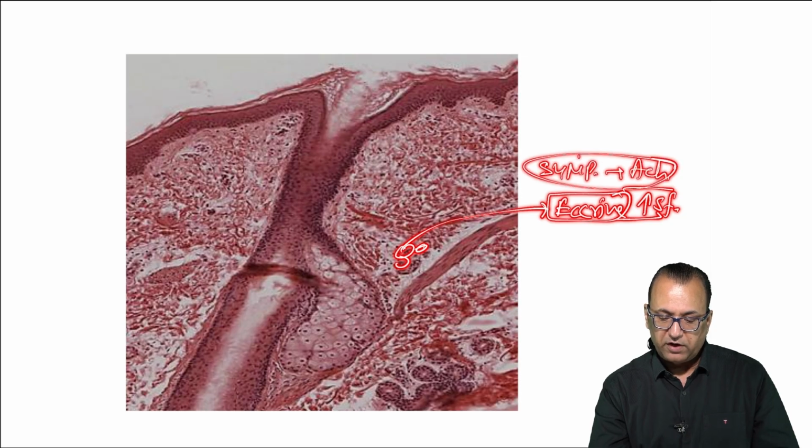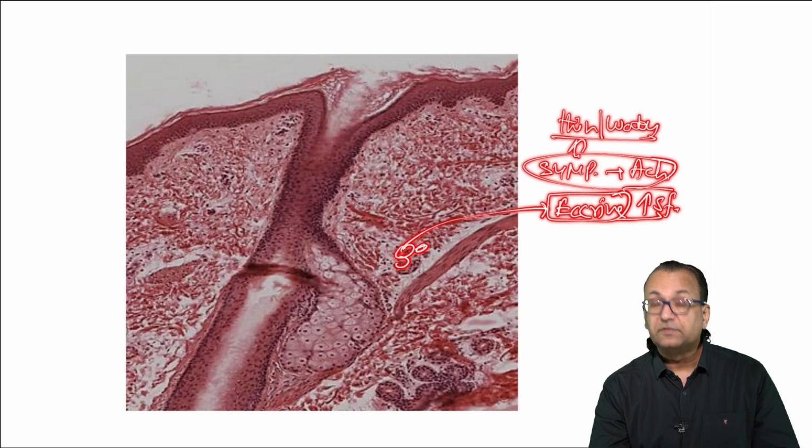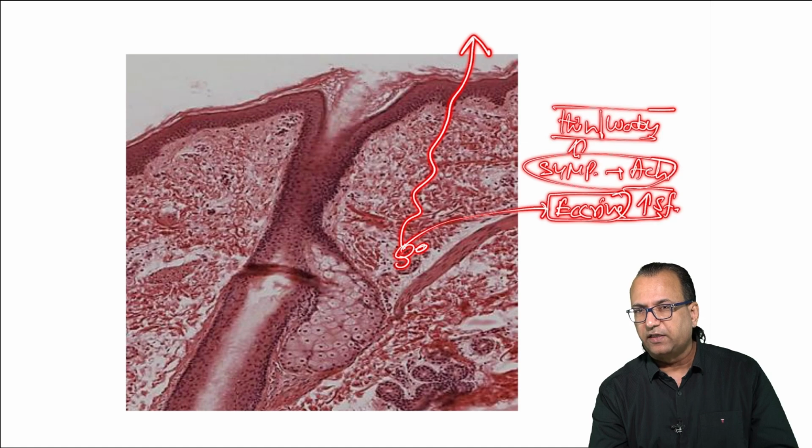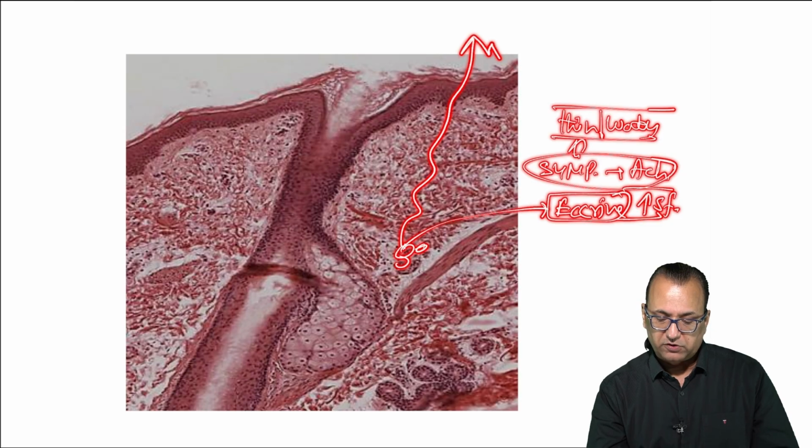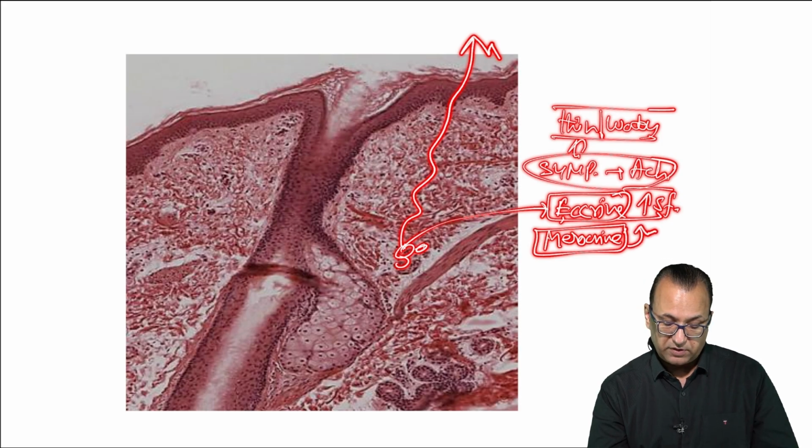Sympathetic cholinergic give thin watery secretion, and the secretions go directly to the surface of the skin. They don't open into hair follicle. So this is about the eccrine, which is also called as merocrine. Merocrine is a journal term and no loss of cell membrane, basically only the secretions are given out.